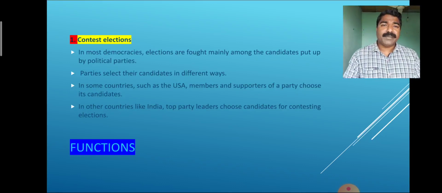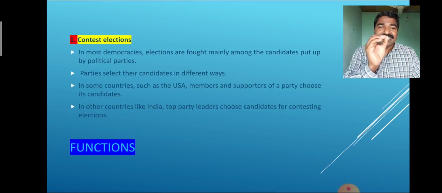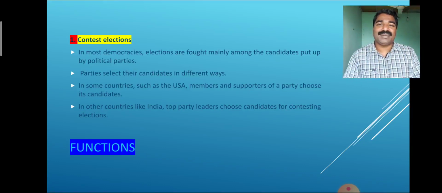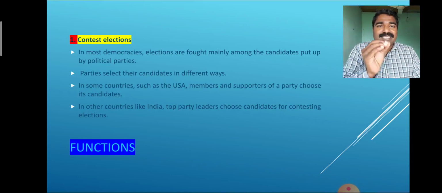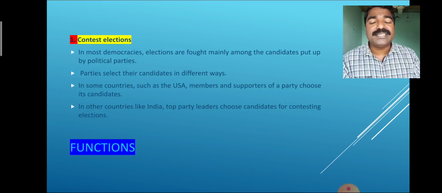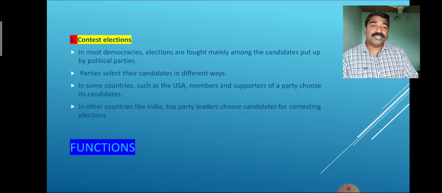You have heard about China, a one-party system. It is only the Chinese Communist Party that selects members for election. In some countries such as the USA, the members and supporters of a party choose its candidates.